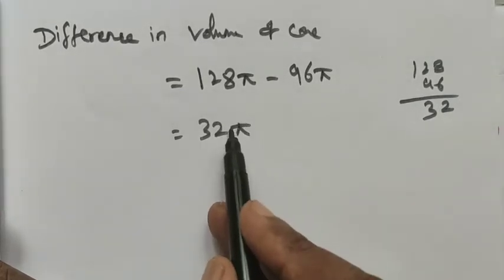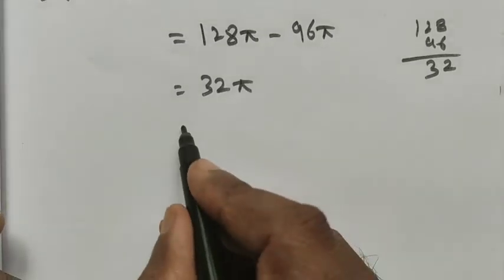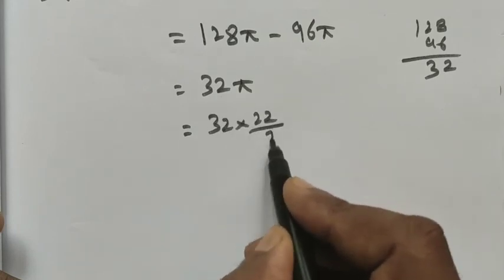Now we want to find the volume clearly, so here I am going to apply the value of pi. We know that pi is equal to 22 divided by 7.